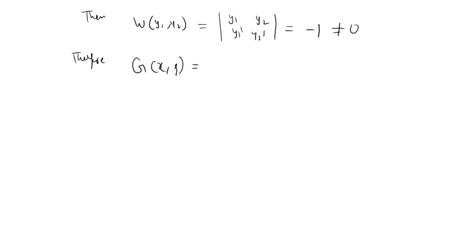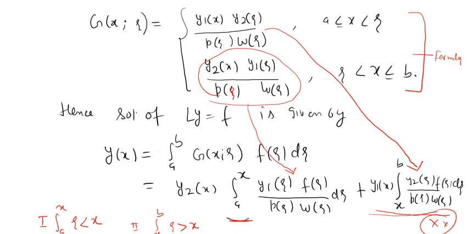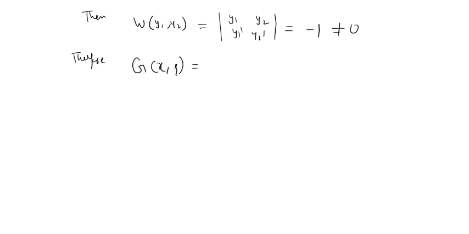So what will be g(x, xi)? Go to that formula. First one, y1, y2, by p, which is 1 here, divided by the Wronskian. So first solution y1, then the second solution. So put in the values here.